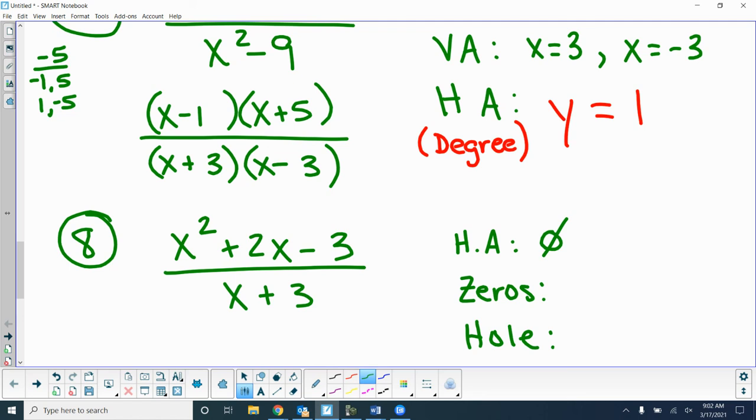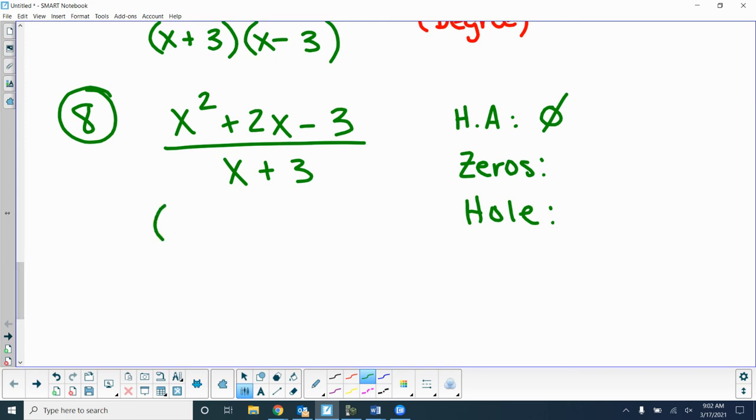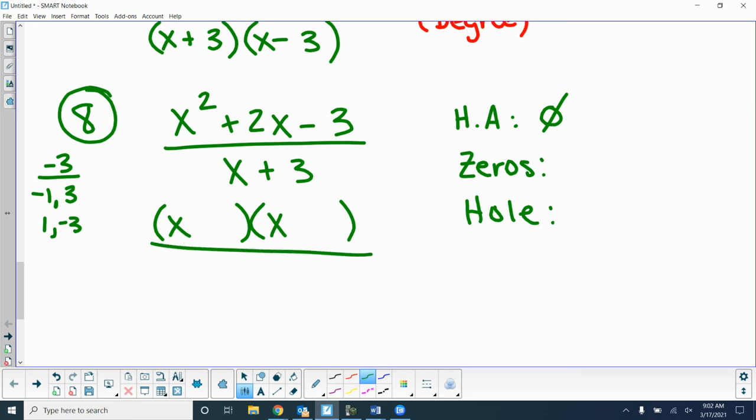All right, so what I have to do is factor that numerator. Factors of -3 are -1 and 3 or 1 and -3, which pair adds up to 2? All right, -1 and +3. But anyway, do we have a hole?